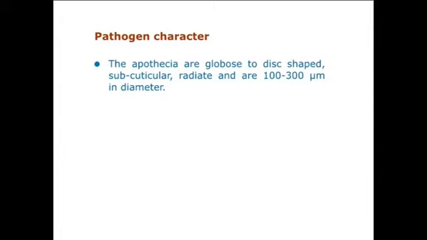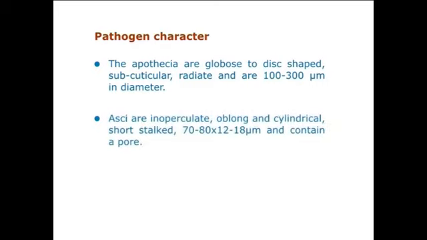The apothecia are globose to disc-shaped, subcuticular, radiate, and are 100 to 300 micrometer in diameter. Asci are inoperculate, oblong, and cylindrical, short-stalked, 70 to 80 by 12 to 18 micrometer, and contain a pore.